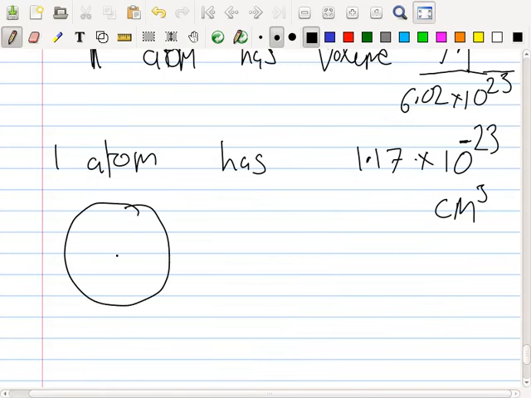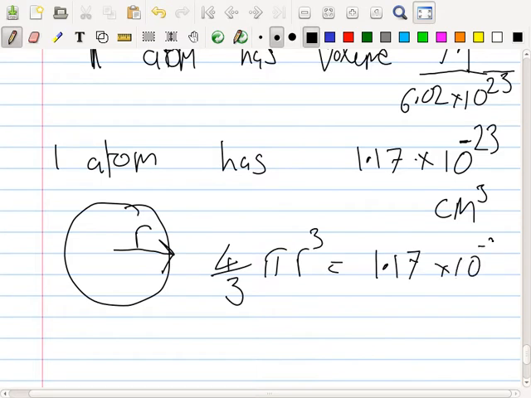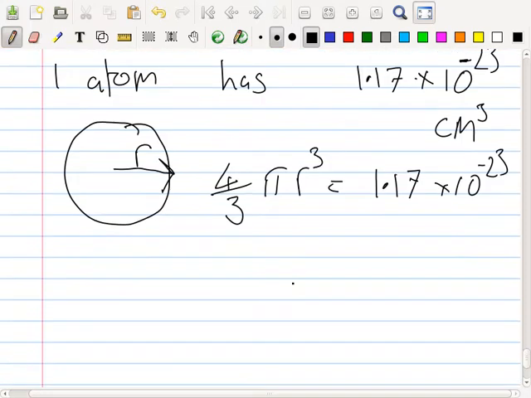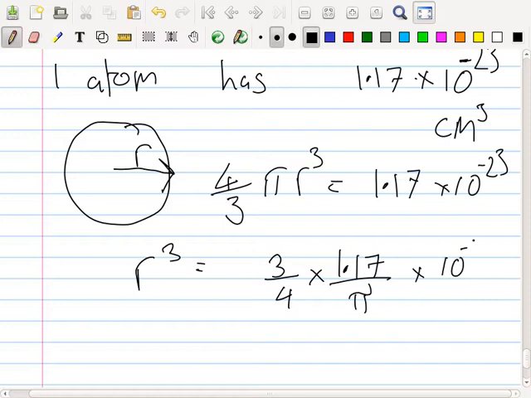So what's the formula for volume of a sphere? 4 over 3 pi r cubed equals 1.17 times 10 to the minus 23. So then I get r cubed equals 3 over 4 times 1.17 over pi times 10 to the minus 23.